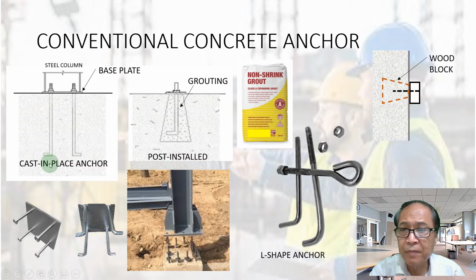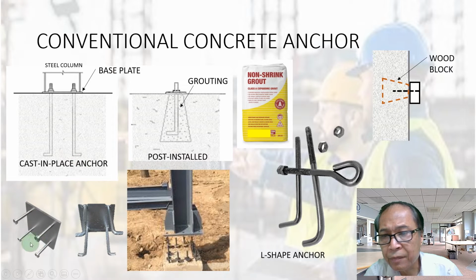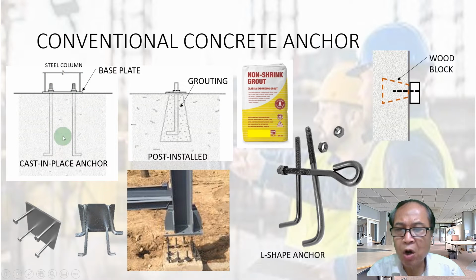You have cast in place anchors, which you cast in the concrete, like this. This anchor is a stud with a nut base. This is L-shaped, for rebar, we call it reinforcement bar. It's cast in place. This is very strong, very stable.